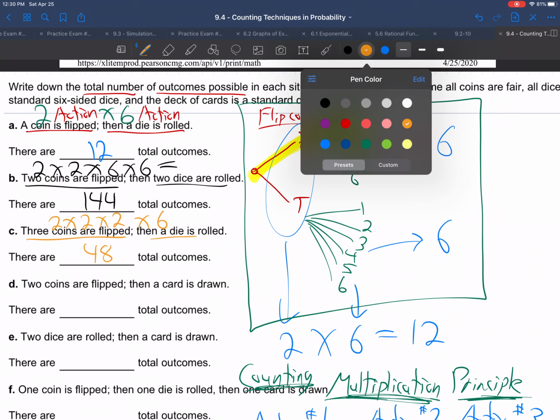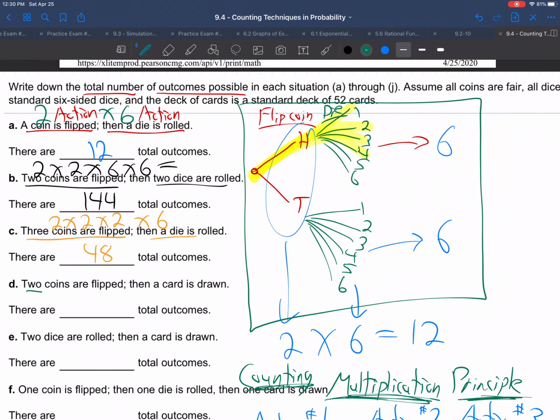Next, we're going to flip 2 coins. So if you flip 2 coins, that's 2 times 2, because every coin has 2 possible outcomes, heads or tails. And then a card is drawn. Now, this means a card from a deck. If you go back up here, you can see it. There's 52 cards. If you don't know that, there's 52 cards in a deck.